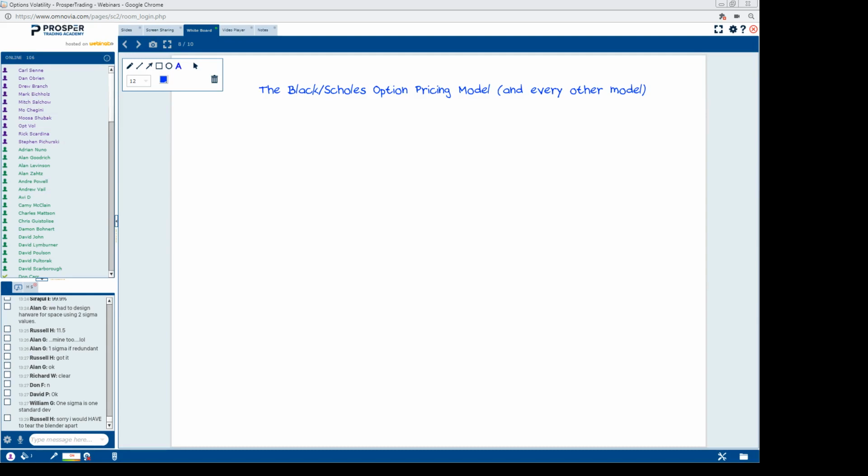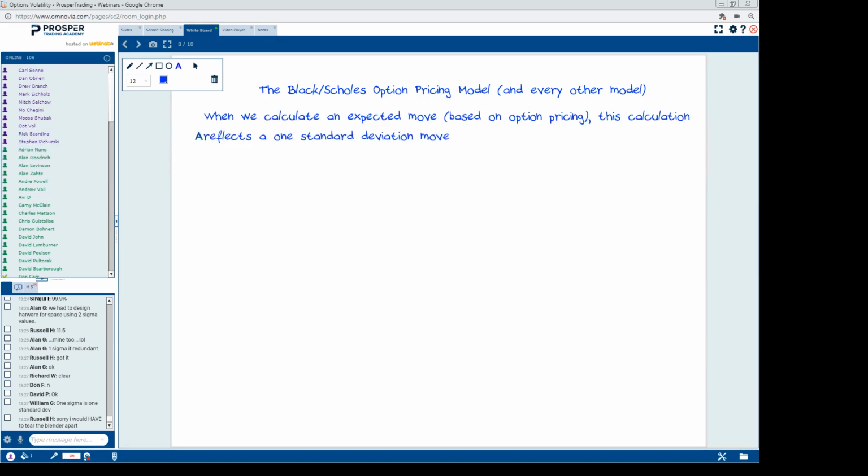Okay, let me put that up on the board. So when we calculate an expected move based on option pricing, this calculation reflects a 1 standard deviation move. Now is when we're going to start talking about how that correlates to what we do.